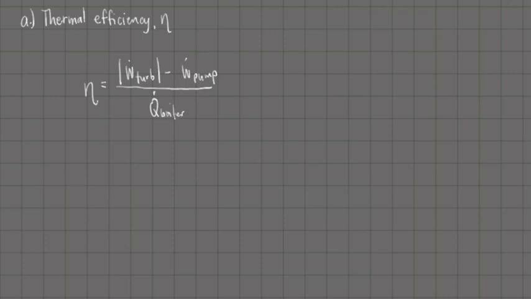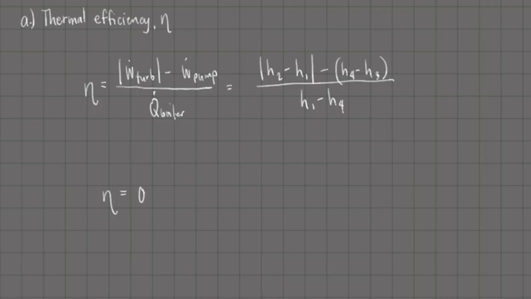Expressing this in terms of enthalpies, since mass flow rate is constant, for the turbine, that is enthalpy 2 minus enthalpy 1. For the pump, that is enthalpy 4 minus enthalpy 3. And finally, for the boiler, that is enthalpy 1 minus enthalpy 4. Since we already have all of these enthalpy values, thanks to our filling of the table earlier, we can directly substitute the values and then solve for the efficiency of the cycle. The efficiency is 0.4537.